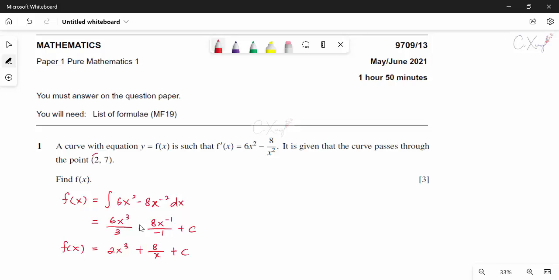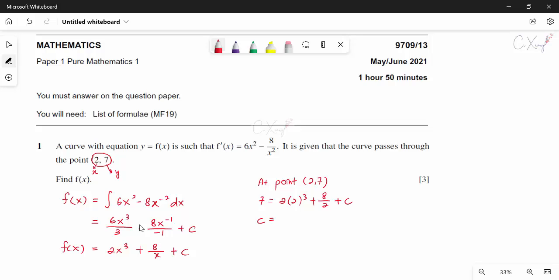So this is the point given, and we know that x will be 2, y will be 7. Therefore, we will substitute the point into the equation to get the value of c. All right, so I will substitute it. So 7 equals 2 power 3 plus 8 over 2 plus c.